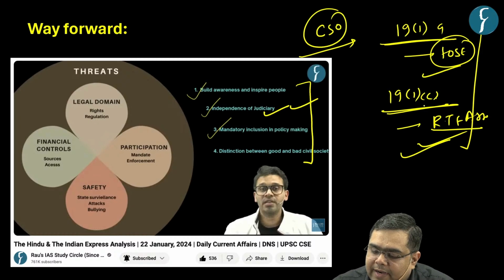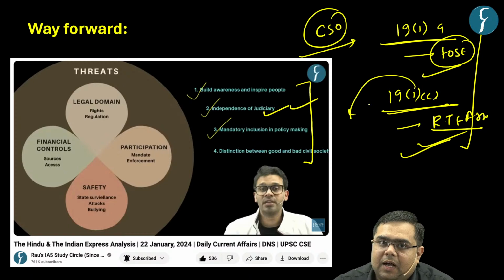So these rights, however, presently are covered by a lot of reasonable restrictions and the attitude of the state. So what is the way forward? That the state must have a shift of attitude. Not every NGO has to be looked at from the standpoint of suspicion.